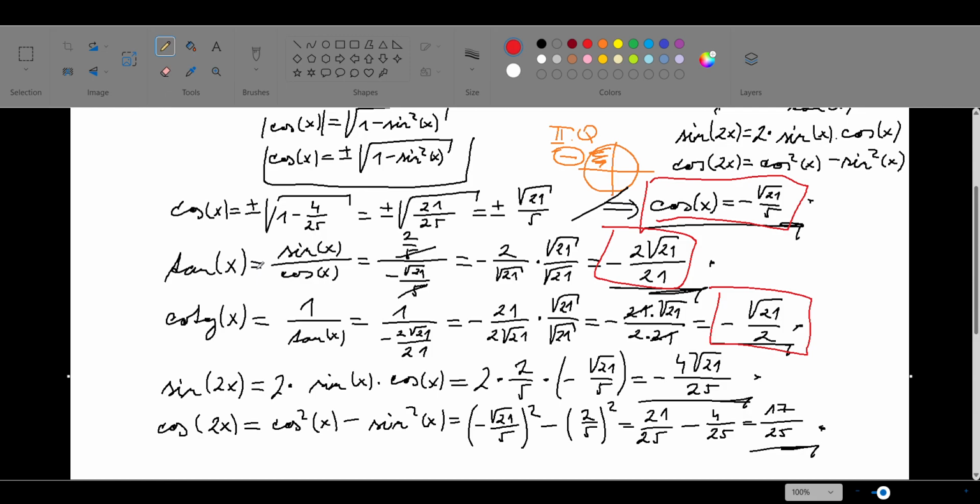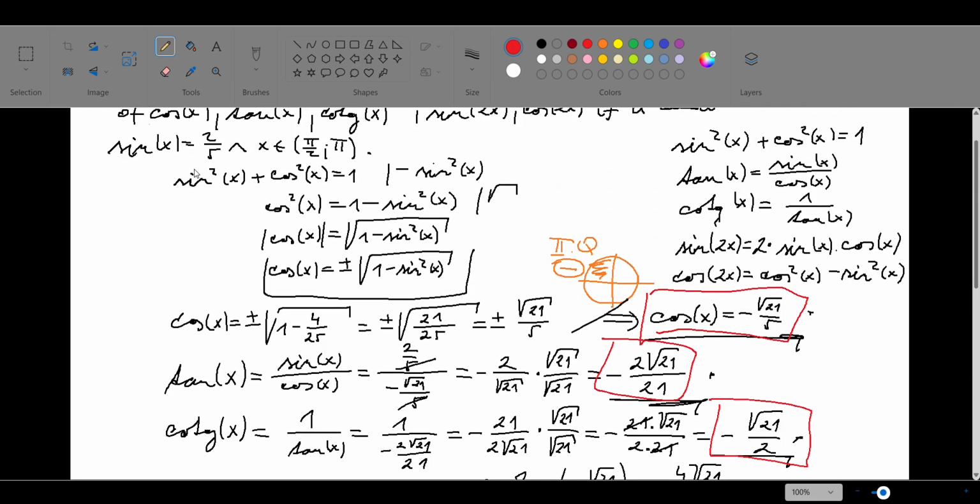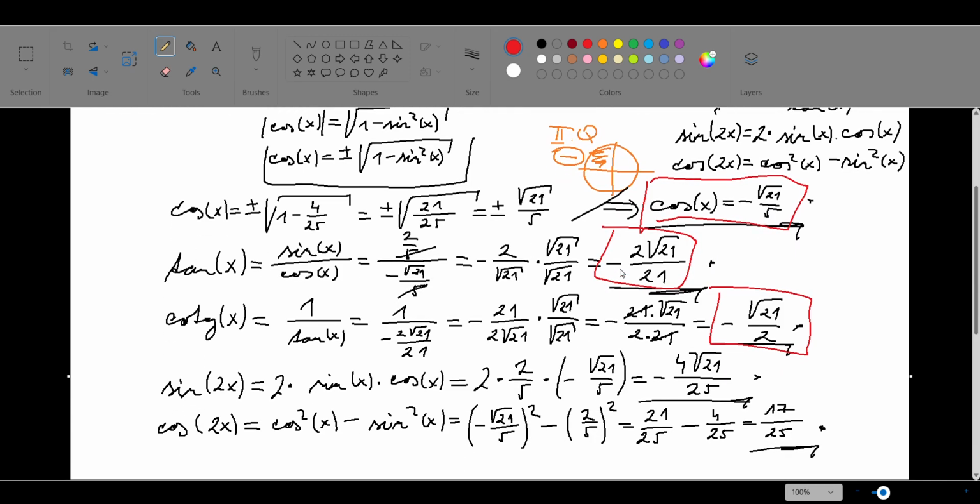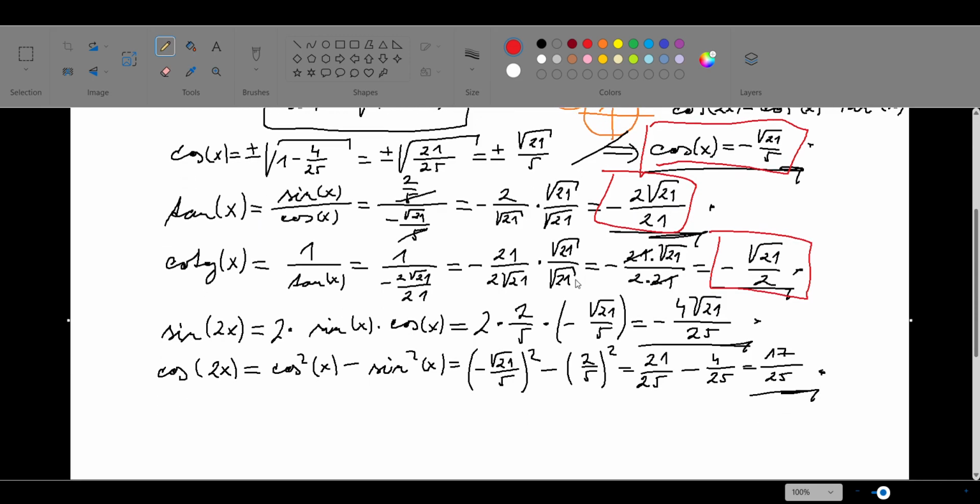The cosine of x, if sine of x is equal to 2 over 5 and x is from this interval, is equal to negative square root of 21 over 5. The tangent function has the value negative 2 times square root of 21 over 21.